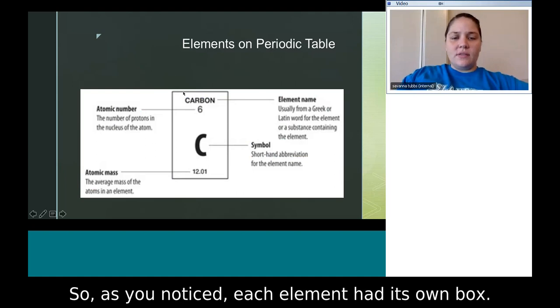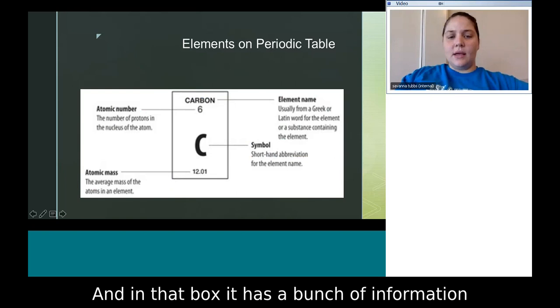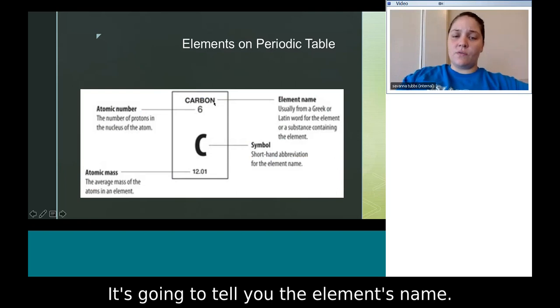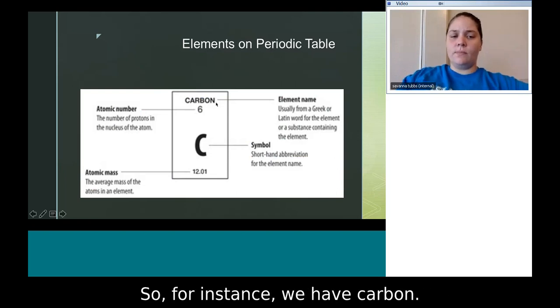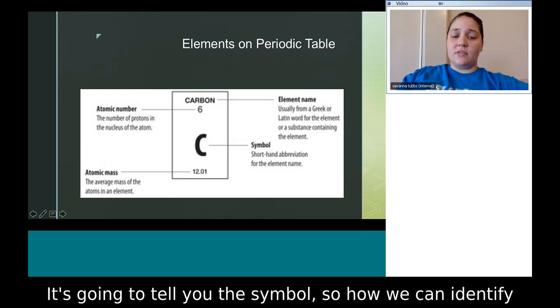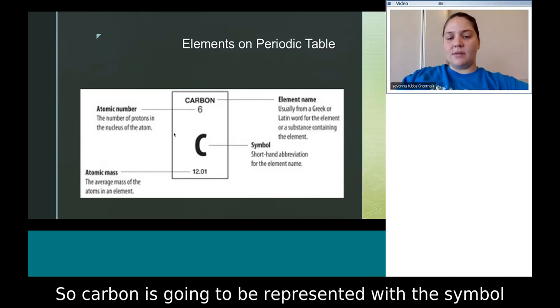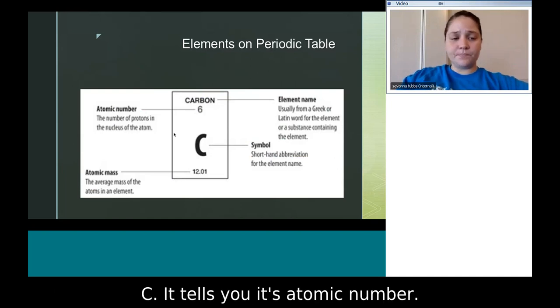As you noticed, each element had its own box. In that box, it has a bunch of information for the specific element. It's going to tell you the element's name, so for instance, carbon. It's going to tell you the symbol, so how we identify when we're dealing with carbon. Carbon is represented with the symbol C. It tells you its atomic number.